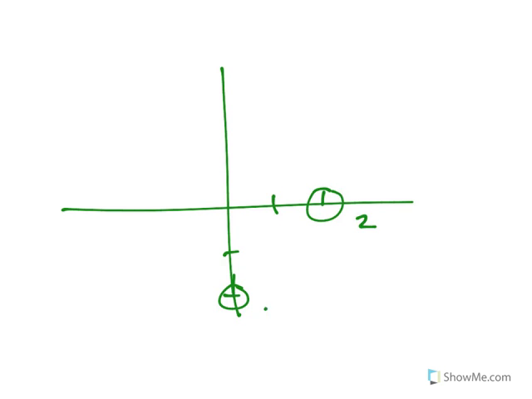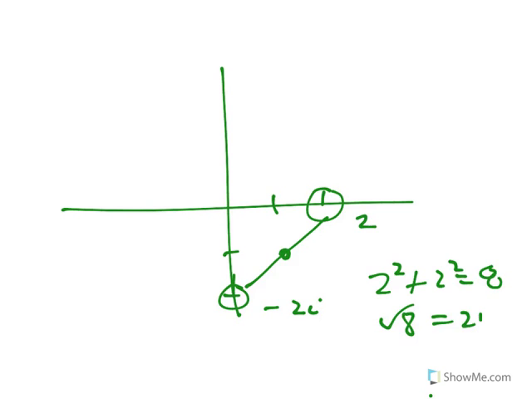That's 2 minus 2i, so 2 squared plus 2 squared is 8. So it's root 8, which is 2 root 2. That's the diameter, so that means the radius must be root 2.